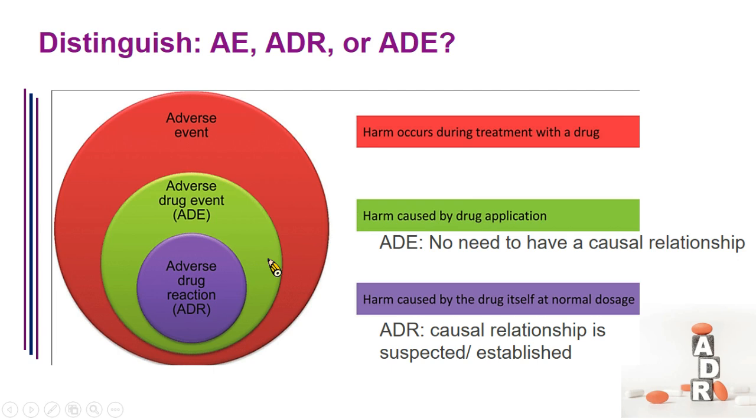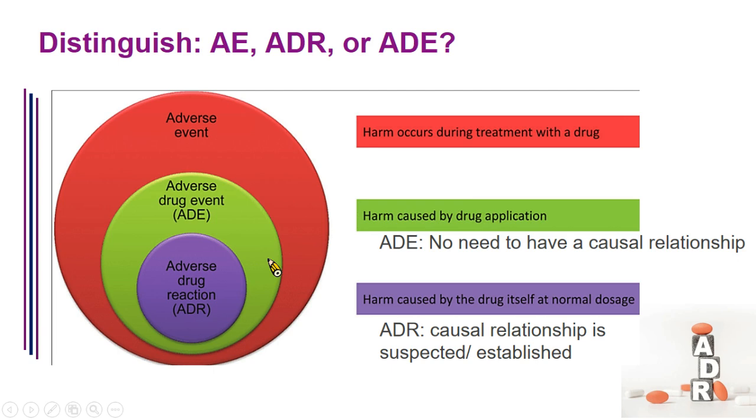And when we talk about the ADE, there is sometimes no need to have a causal relationship. So any adverse event that just happened can be counted as an ADE.